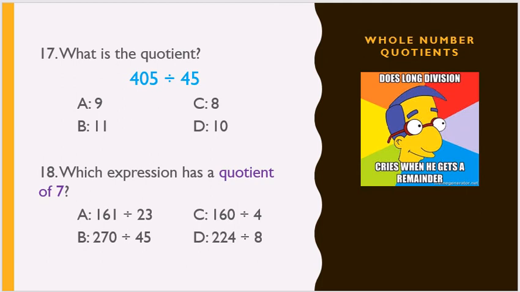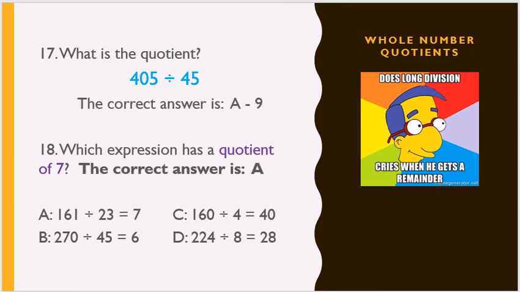B, 270 divided by 45. C, 160 divided by 4. Or D, 224 divided by 8. Pause your video, solve problem 17 and number 18 to do with division. Then start your video again once you've solved and check your answers.